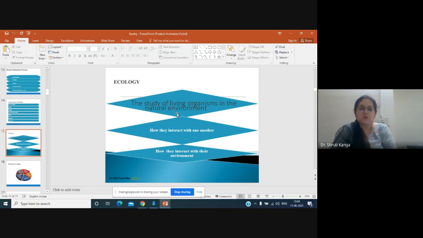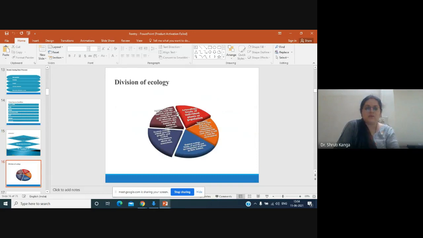Then comes ecology. What is ecology? In the previous lecture also we studied that ecology is the study of living organisms in the natural environment, how they interact with each other and how they interact with their environment. So the study of living and non-living components in the natural environment is known as ecology.